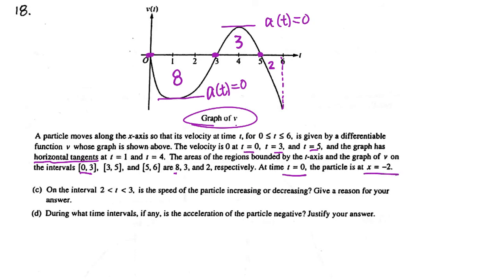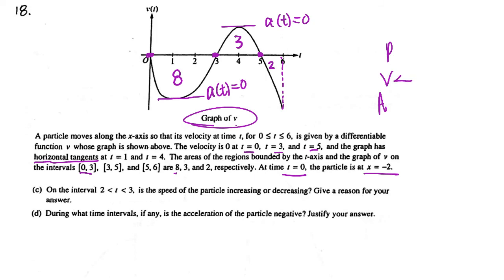So on answer choice C, on the interval from 2 to 3, is the speed of the particle increasing or decreasing? So again, right here, if we're talking about PVA, so again, P, V, and A, we're at velocity.